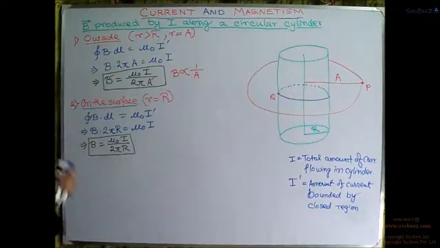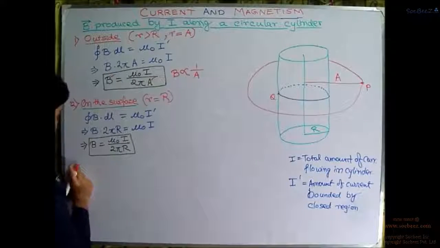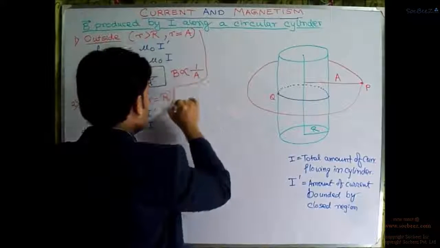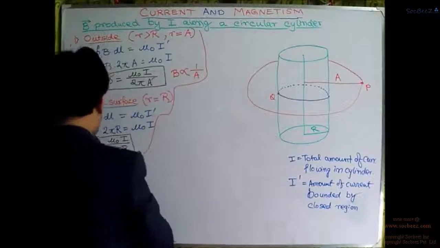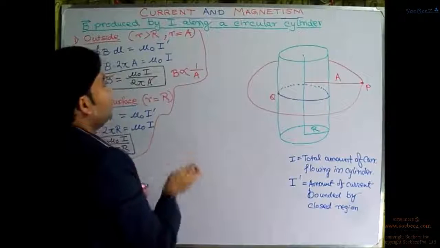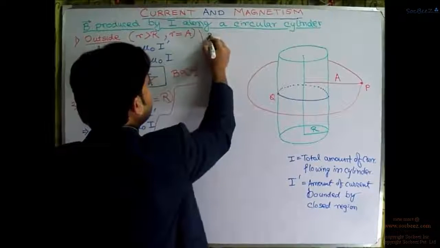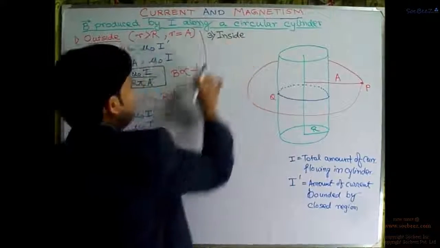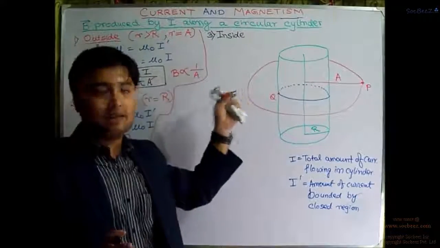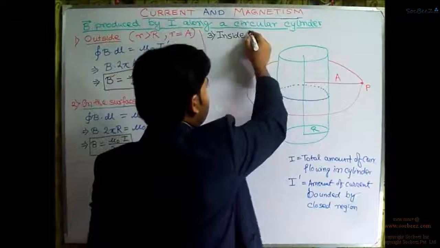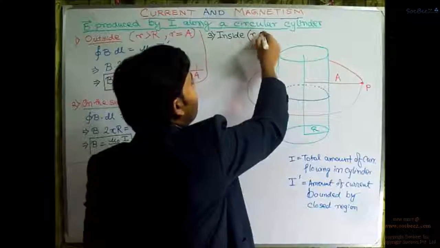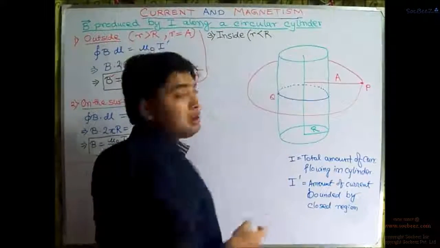Now, let us take the third scenario, a point which is inside this cylinder. Over here, if we observe, if a point is inside, then obviously this R will be lesser than this capital R. How?